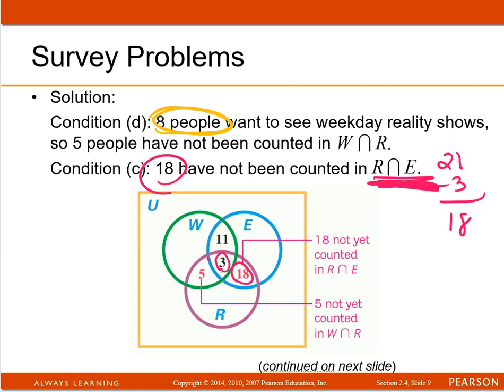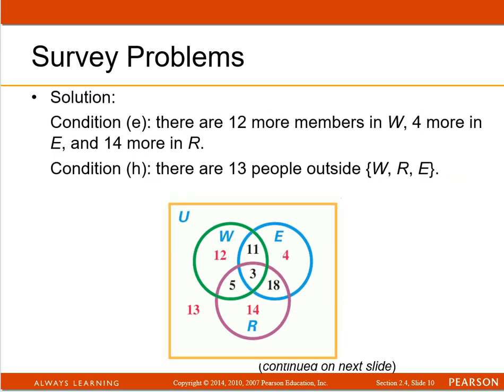You have to look for the intersection of just 2 circles and then subtract out the 3, or whatever is in your center circle right here, from those. Okay, I'm running out of time, so I'm going to stop it right here and pick up on the next slide, which is where we figure out how to get these 3 booty pieces all filled in.